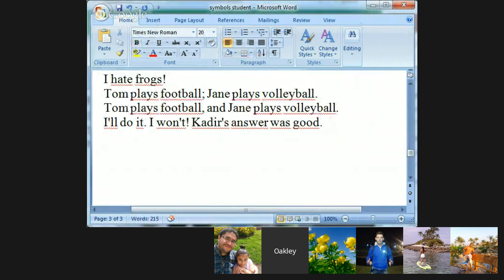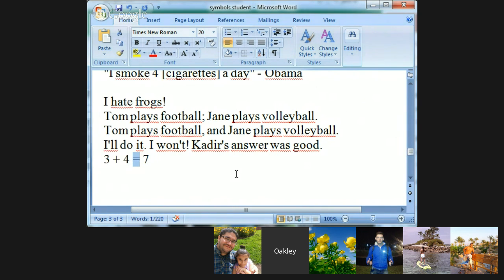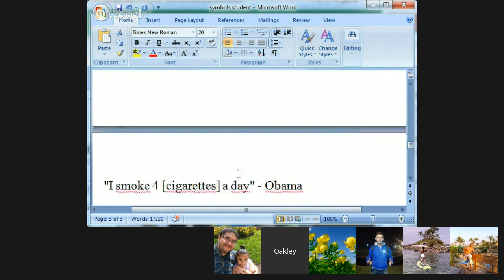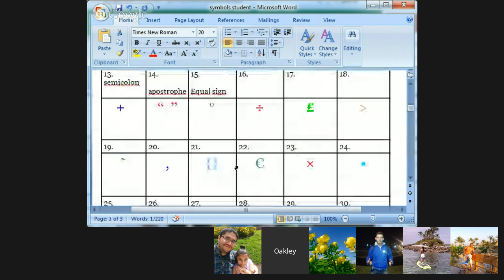For example, 3 plus 4 equals 7. To be written somewhat like this: 3 plus 4 equals 7. I could also say 3 and 4 are 7 in English. So equal sometimes gets spoken as are, but more correctly it's equals. All right. That works. Very good.